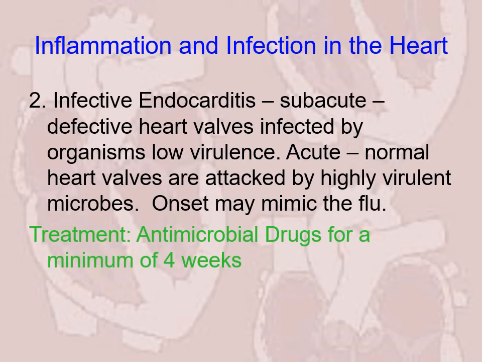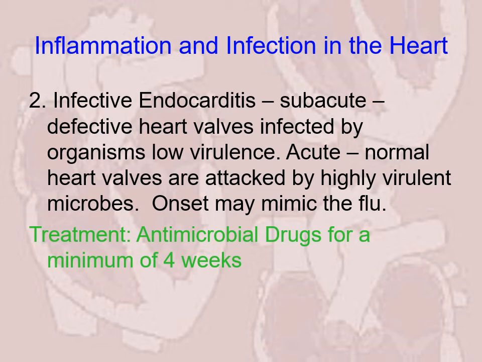Number 2, infective endocarditis. Now, infective endocarditis, subacute, in which the defective heart valves are infected by organisms of low virulence. These are things like Streptococcus viridans, part of the normal flora of the mouth, that gets displaced, or it could be the acute type.